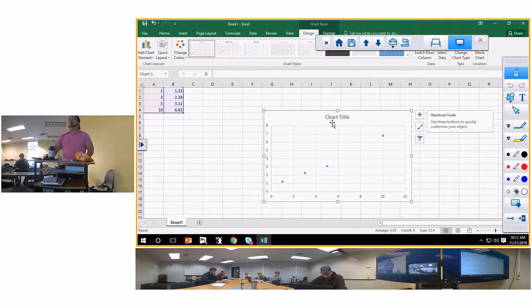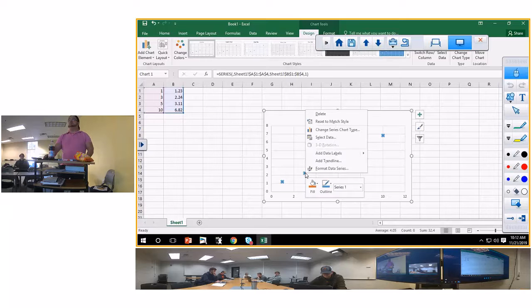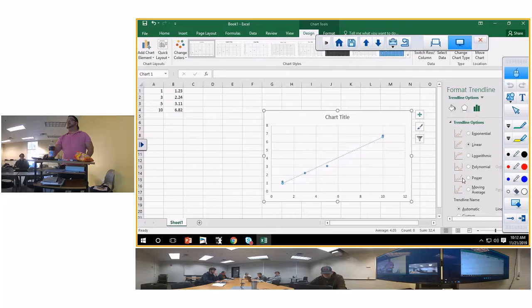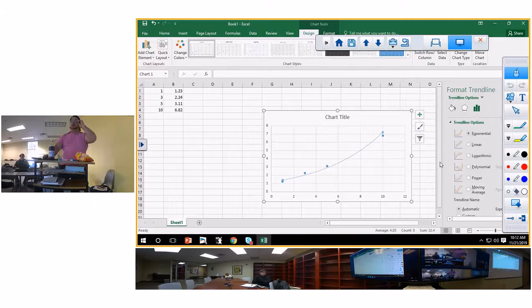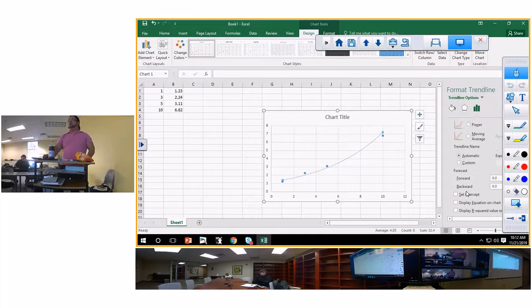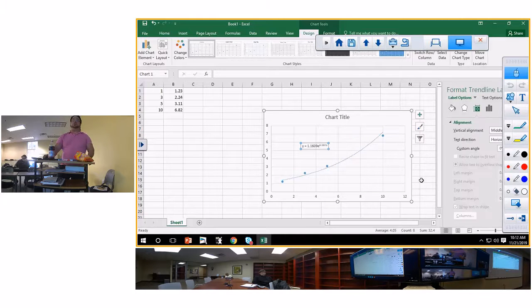I'm going to right click on one of the dots, add trend line, and hit exponential. It's up top. Thank you. And now I'm going to go to the bottom and put display equation. And there you go. Now, of course, you could do this on your calculator.